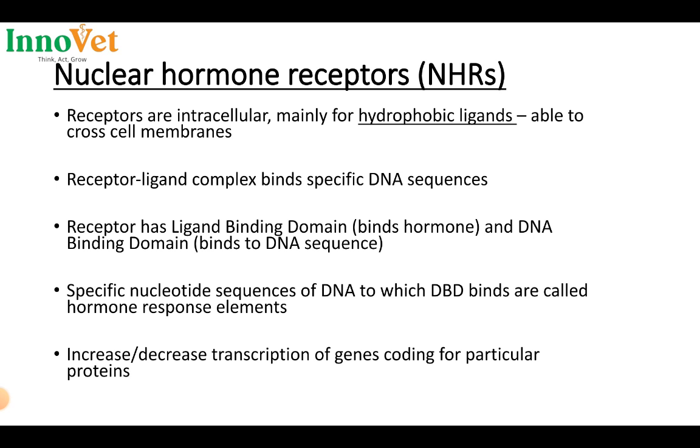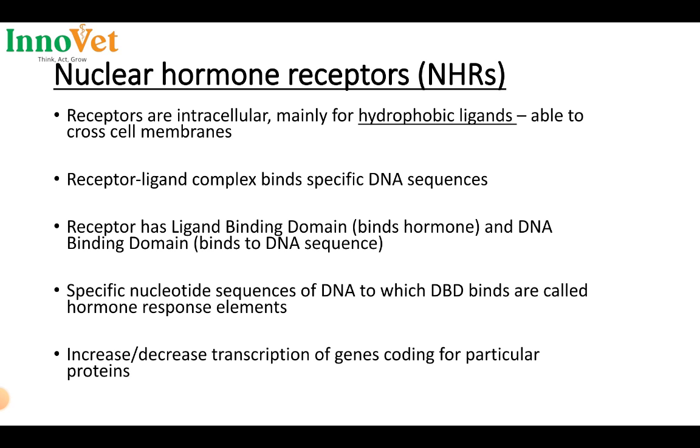So we are looking at our receptor having two domains. One domain where our ligand coming from outside is going to bind, then another area where it's going to bind to a specific sequence of DNA.